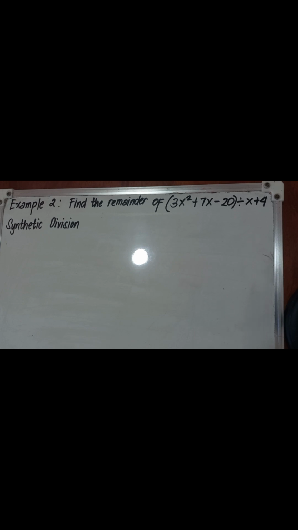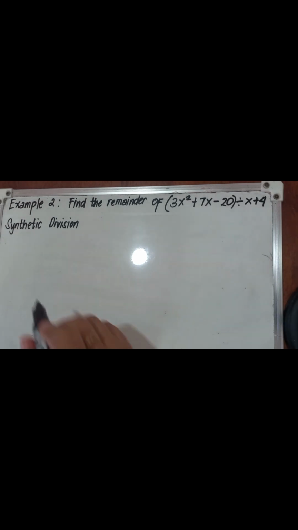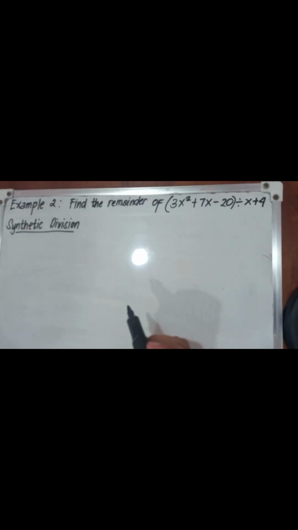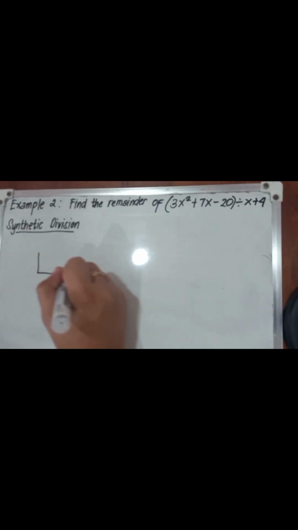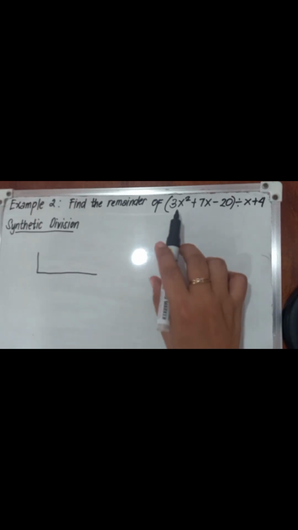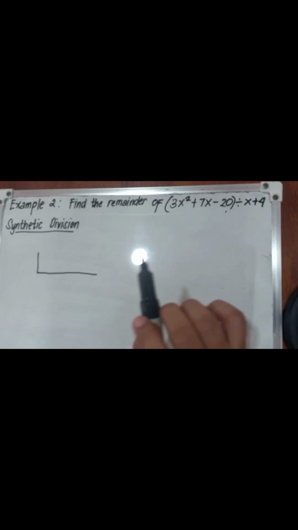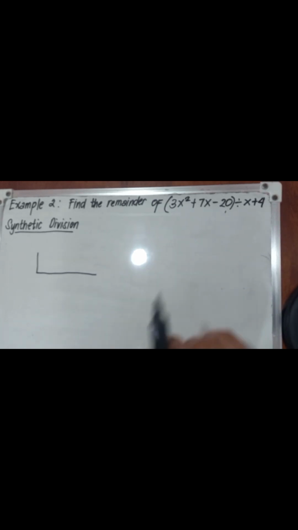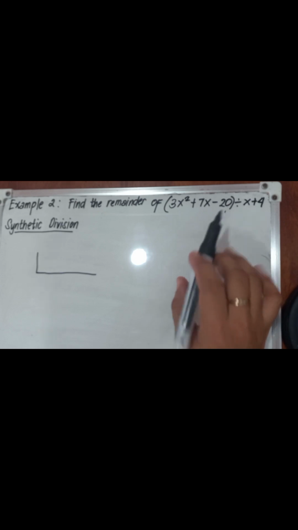Another example is to find the remainder of 3x squared plus 7x minus 20 divided by x plus 4. First, let us use synthetic division. Again, we only need the coefficients of our dividend, and always remember that your polynomial expression, or P of x, or your dividend, is in standard form.